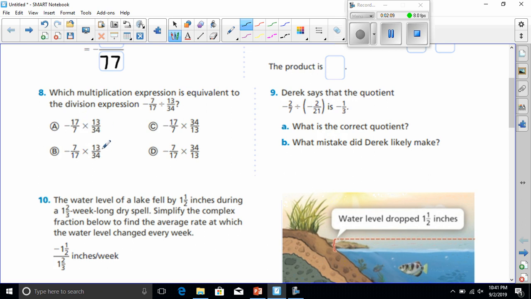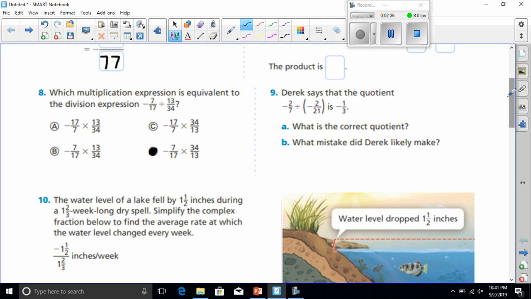So that's not right. On B, they kept the first one the same, and they kept the second one the same and multiplied, and that's not correct either. On C, they flipped the first one again. Automatically, we know that's not right. And on D, it says they kept the first one the same, and they flipped the second one. That's exactly what we're looking for, and then they multiplied.